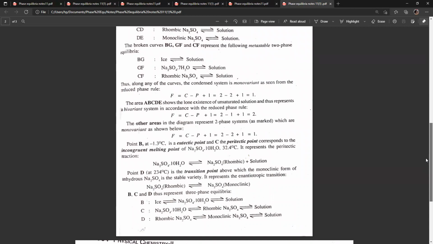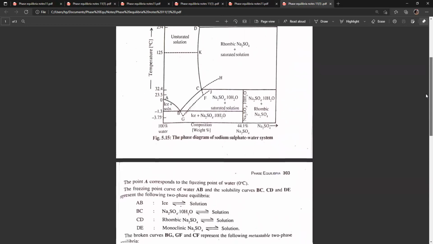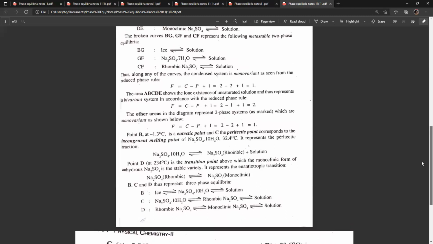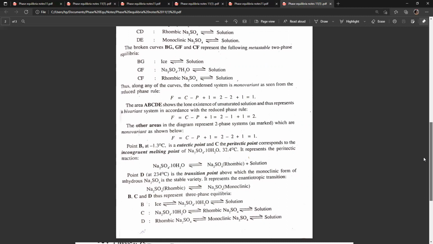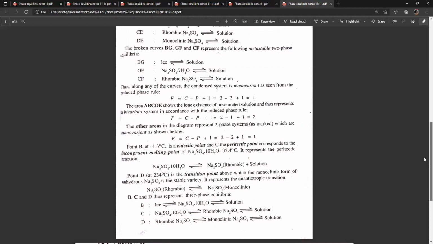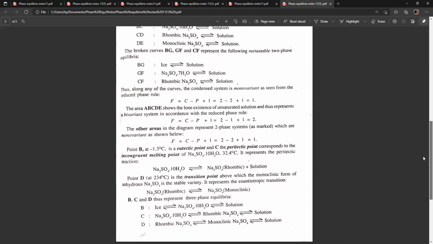These three are in equilibrium at point B. Now point C is the peritectic point, that is, the incongruent melting point of the compound Na2SO4·10H2O. Here Na2SO4·10H2O decomposes to give rhombic sodium sulfate and solution, and the phases in equilibrium are Na2SO4·10H2O, rhombic sodium sulfate and the solution.